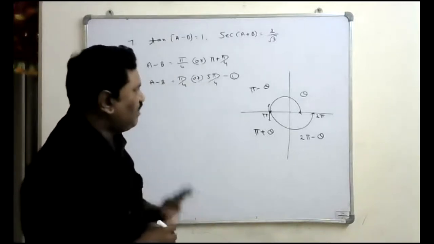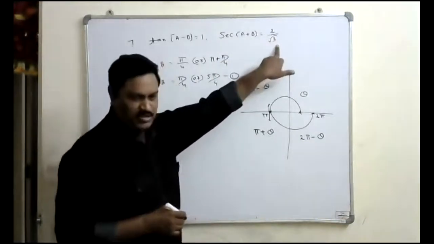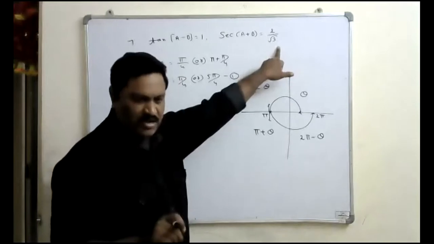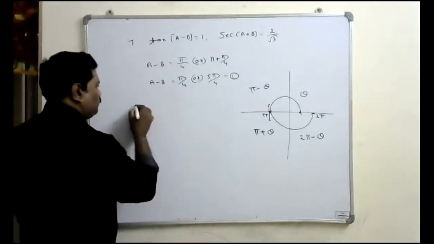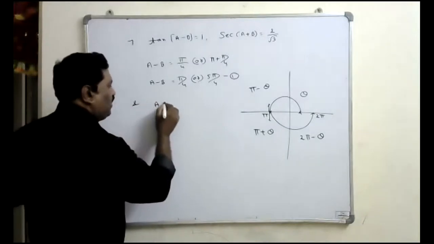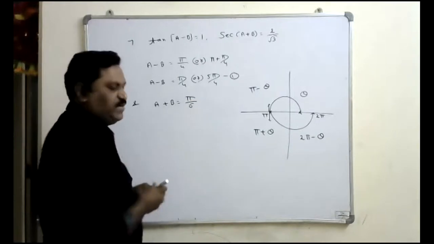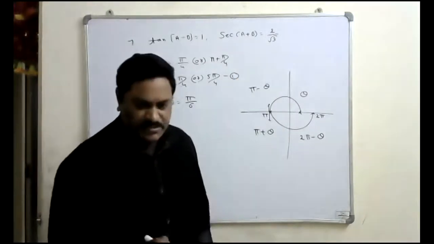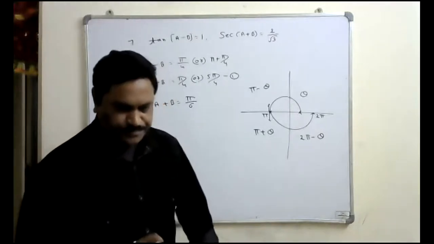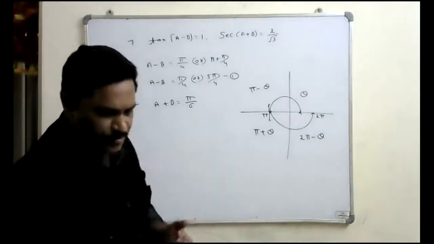Similarly, secant of A plus B is given 2 by root 3. For what angle will secant give 2 by root 3? 30 degree. So 30 means pi by 6. It is also positive. Secant is positive in which quadrant?